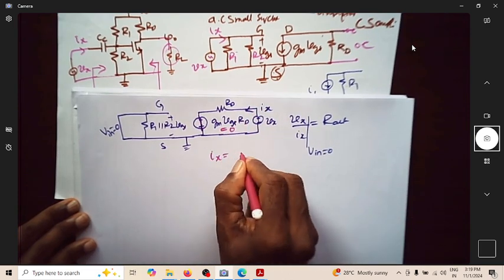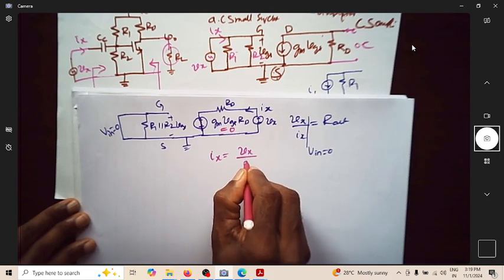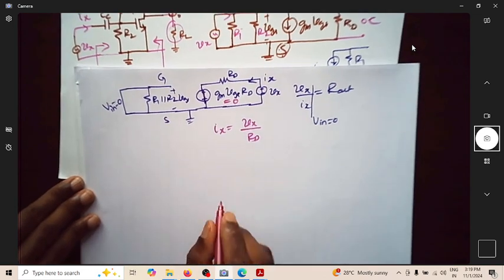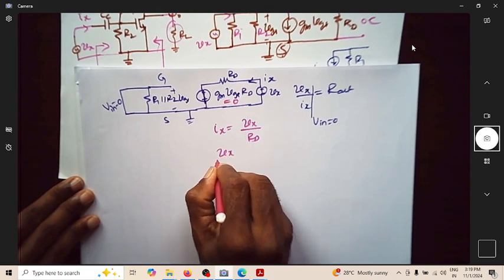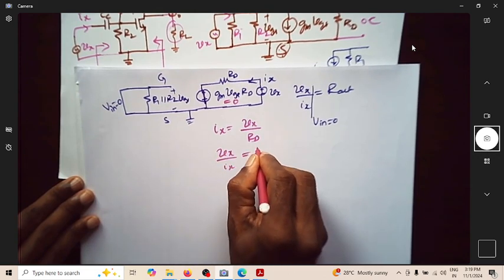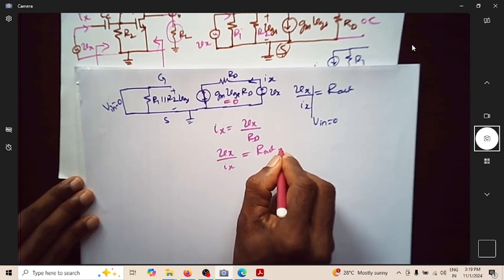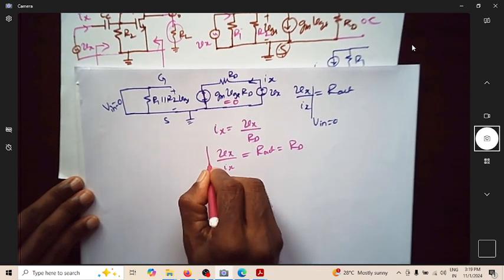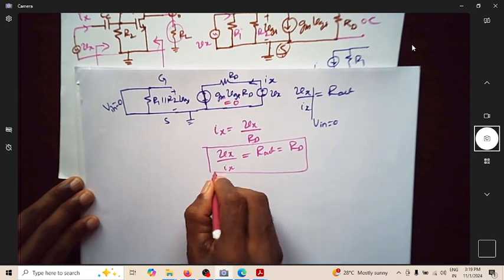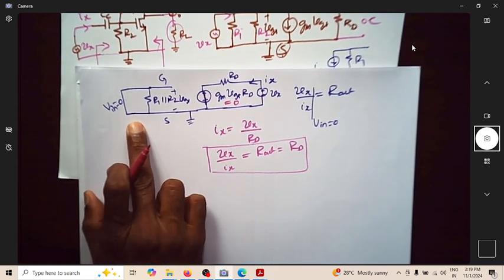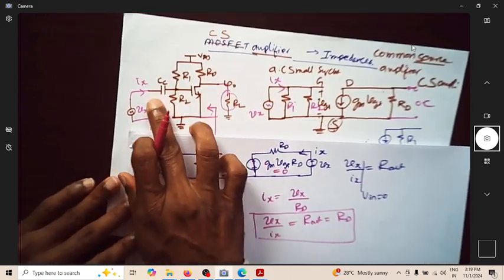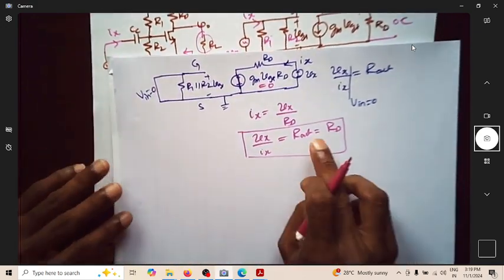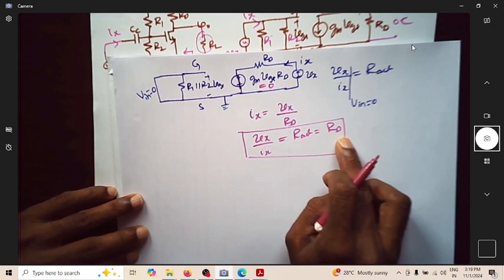Then Ix is equal to Vx by RD. So then what is Vx by Ix, which is nothing but Rout? Is this not equal to RD? So for this CS amplifier, having this as your circuit, the Rout is RD.